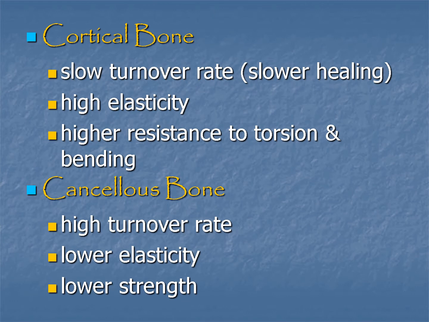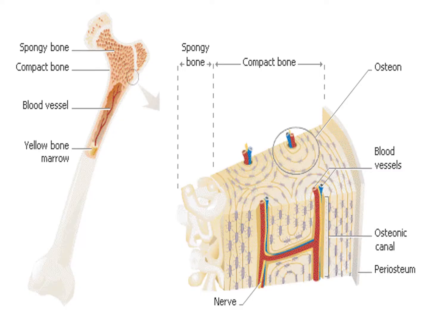So the main difference is cortical bone is very, very strong, but it has very little bone cells, so your turnover rate is slower, thus healing is slower. Cancellous bone is not as strong, but it's good for shock absorption. It has a lot of cells, just like termites in your termite nest, and so your turnover rate is higher, healing is faster.